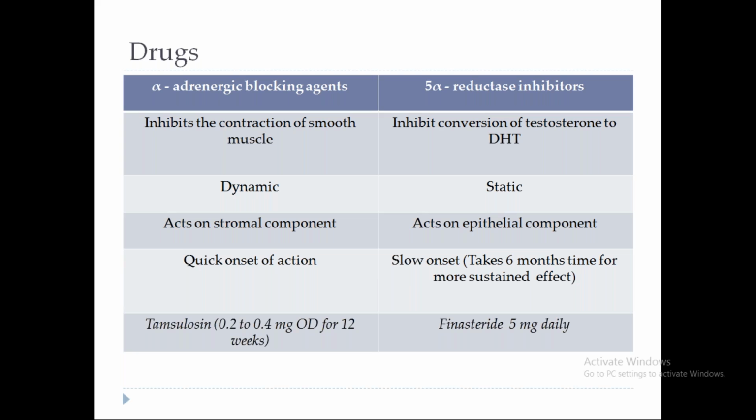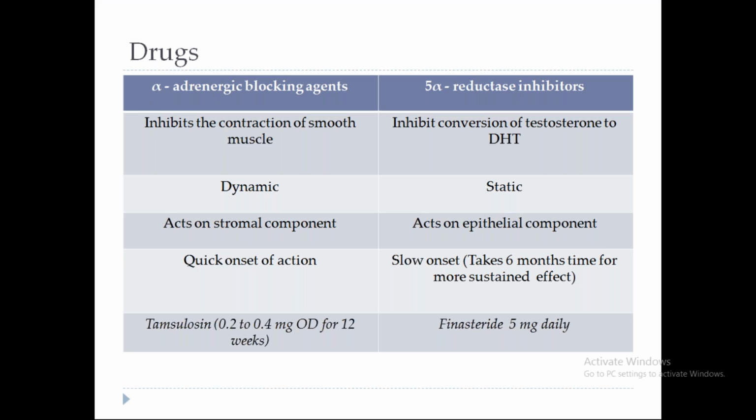And next, 5-alpha reductase inhibitors inhibit the conversion of testosterone to dihydrotestosterone. This is the dynamic component and that is the static. You all know the pathology of BPH is that the epithelial component and stromal component are increased, so you have to treat both. The stromal component is treated by alpha adrenergic blocking agents and the epithelial component is treated by 5-alpha reductase inhibitors.